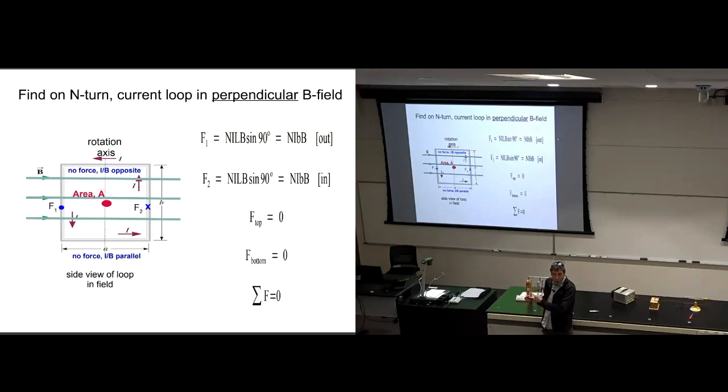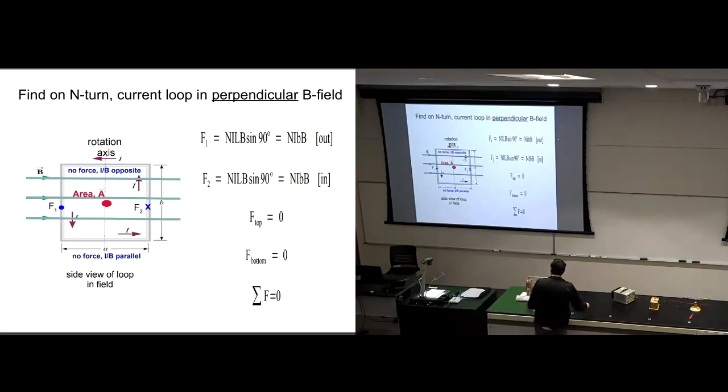This is not one loop. If you build one loop, like my picture to start with, you won't get a very big force. So when you make a motor, you're going to make many loops of wire. So N is the number of loops of wire. This is the force equation, ILB sine theta, times the number of loops, N. Anyway, you get these expressions for the forces, but because one's out and one's in, they're equal and opposite, and so they cancel each other out.